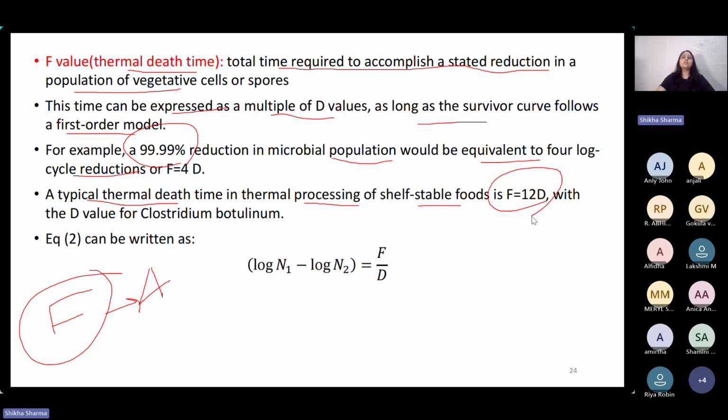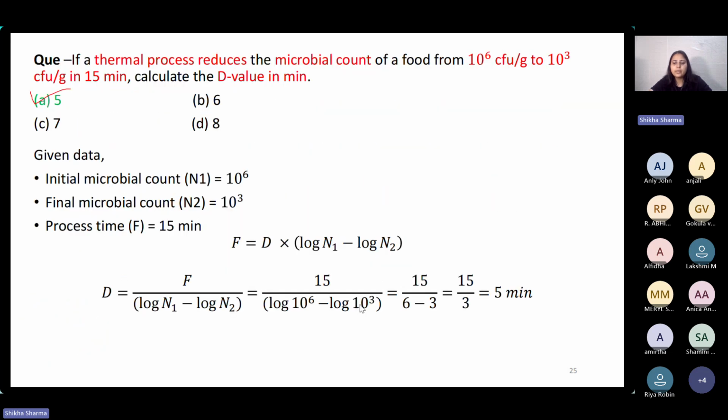So if we say some product is shelf stable, F equals 12D, or 12 log cycle reduction, with the D value for Clostridium botulinum. So its formula is log n1 minus log n2 equals F by D.